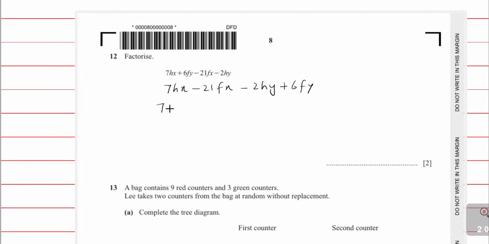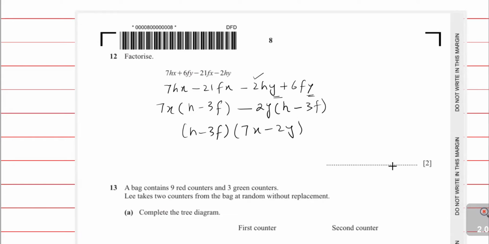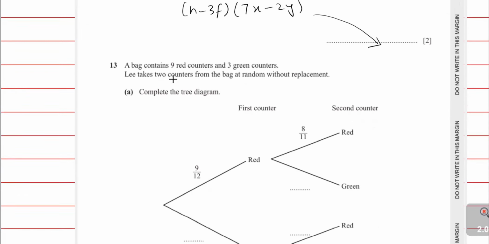Here 7x is the common factor, therefore we can write h minus 3f, and here the common factor is y, and 2 is also a common factor between 2 and 6, so we write 2y is common, and therefore we can write h minus 3f. Here h minus 3f again is common, we write (h minus 3f) into (7x minus 2y), and this is the factorization of this expression.